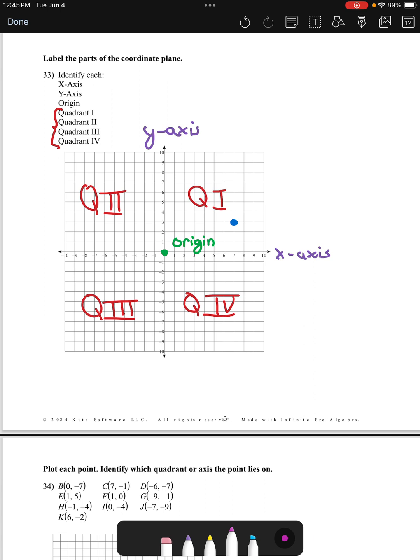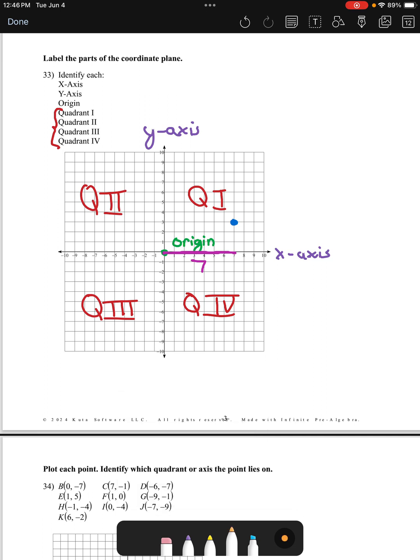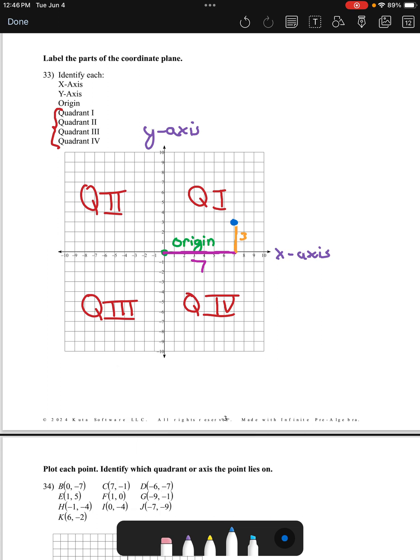The first thing is how far left or right is it from the origin? So that means straight over. It is 7 over. The second item I need to know is how far up or down is it? And it's 3 up. So the ordered pair for that point is 7, 3.